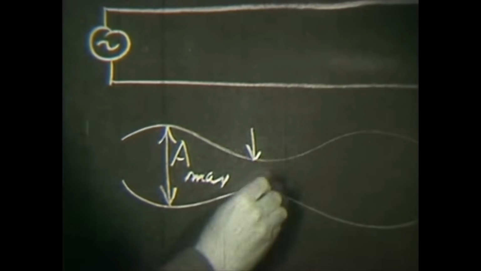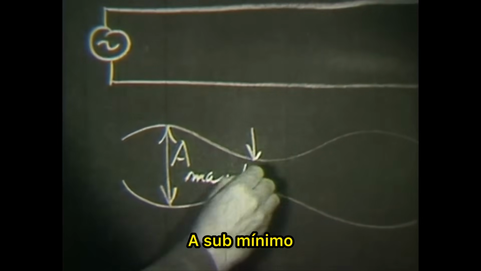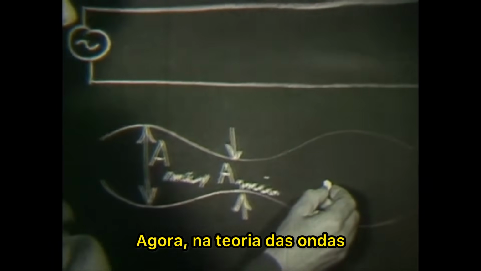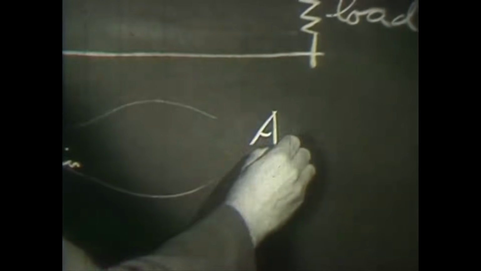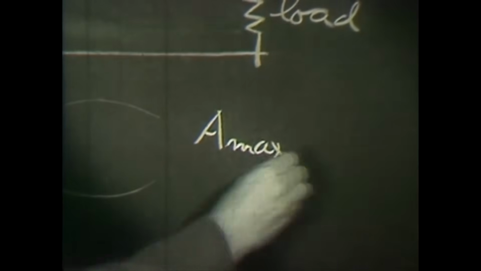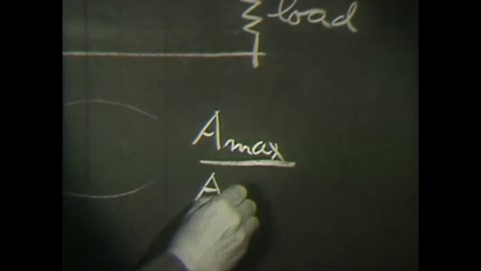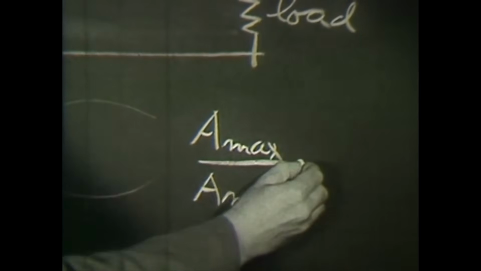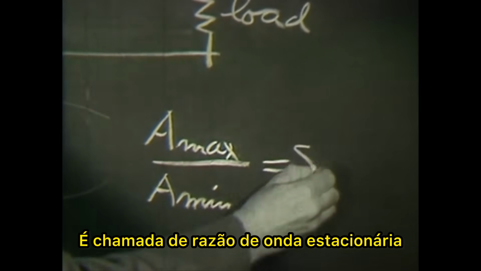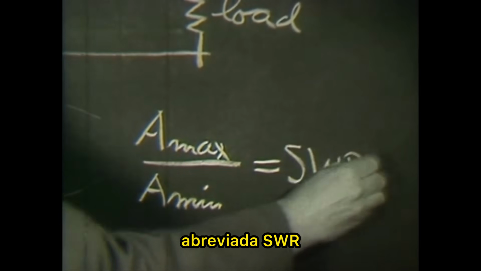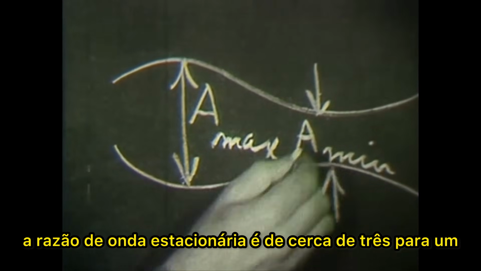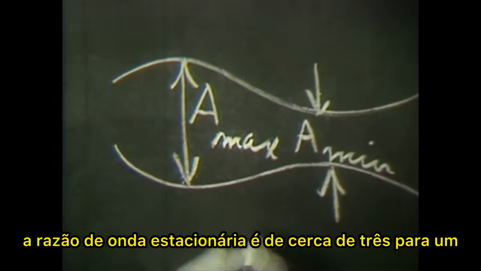At this point, A sub minimum. Now in wave theory, the ratio of A max to A min has a particular significance. It is called the standing wave ratio, abbreviated SWR. On the wave machine, the standing wave ratio is about 3:1.